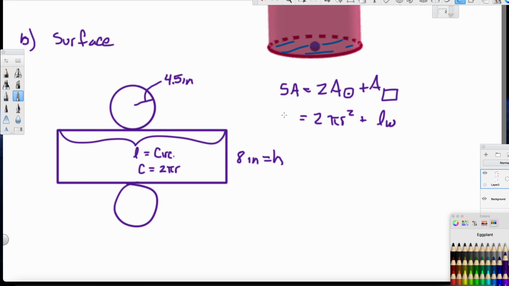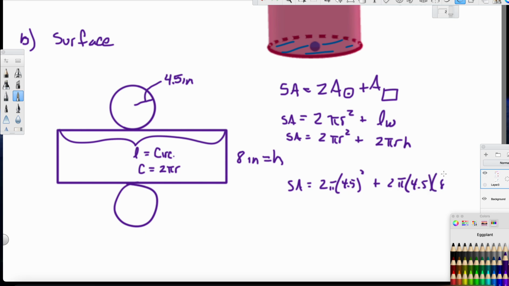So now I'm going to write surface area equals 2 pi r squared, that's my 2 circles, plus, instead of L, I'm going to write 2 pi r, because that's the same as the circumference of the circle, times, instead of W, I'm going to write H. Okay, so here's the equation. And now we just substitute 2 pi times 4.5 squared plus 2 pi times 4.5 times 8.